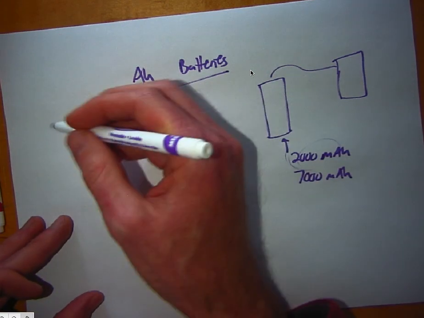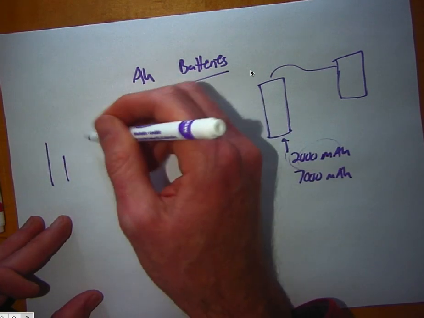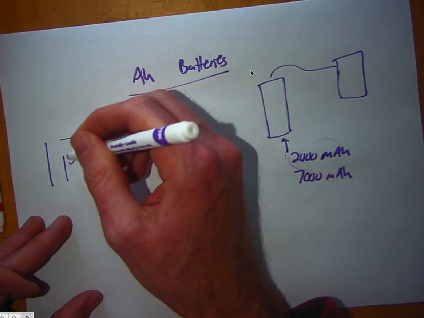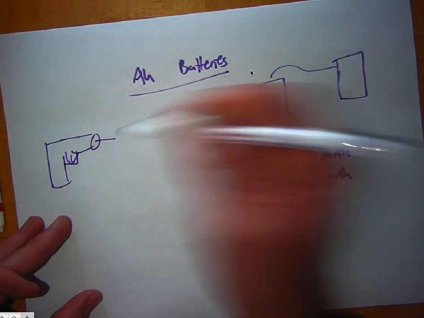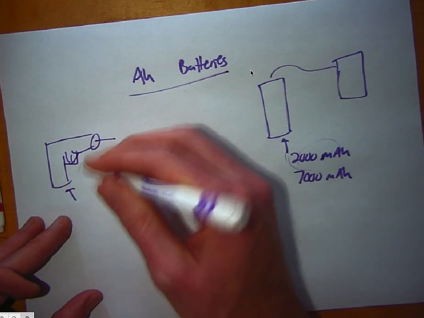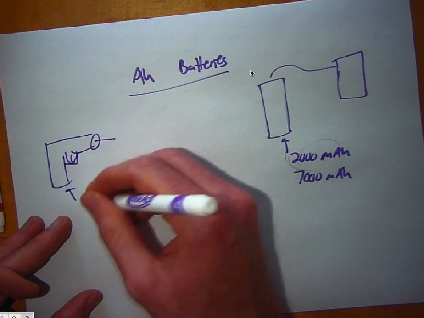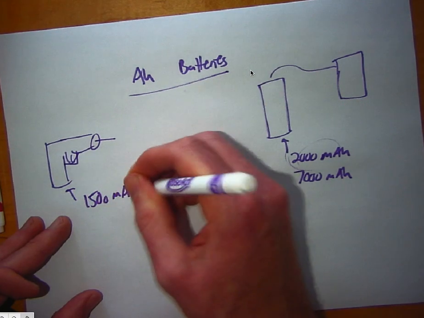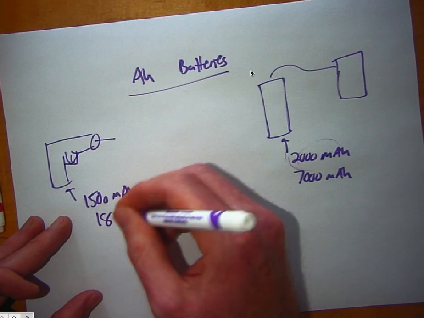Another example we like to do is, let's say that you're using one of the cordless drills in the shop. Okay, that was a pretty bad rendition of a cordless drill. However that goes. And let's say that the battery in here is rated at, I don't know, 1,500 milliamp hours. And it's also 18 volts.